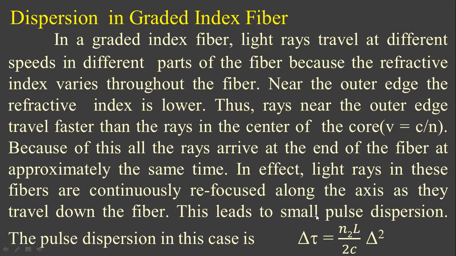This leads to a small pulse dispersion, which for a graded index fiber is given by delta tau is equal to N2 into L upon 2C into delta square. So this is about dispersion in graded index fiber.